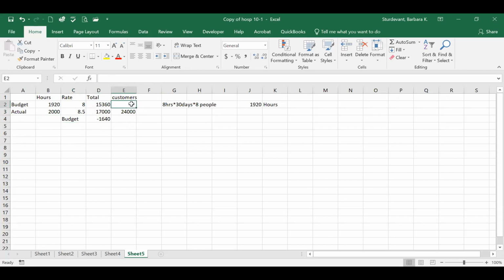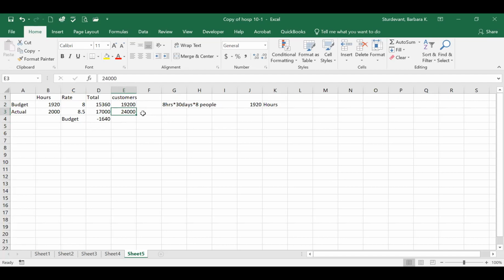So we're supposed to serve 10 customers an hour. So to figure out our customers, we would take our hours and just multiply it by 10. And so that would be our customers that we were budgeted to serve. So obviously, we served 4,800 more customers than we were supposed to.